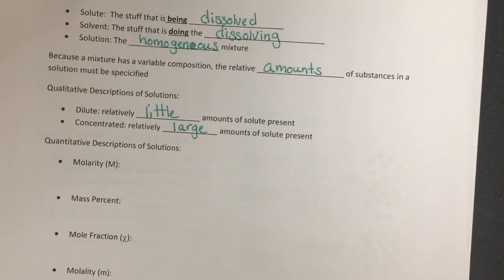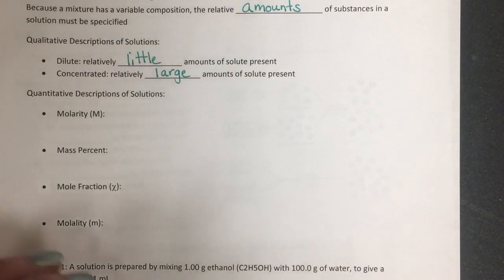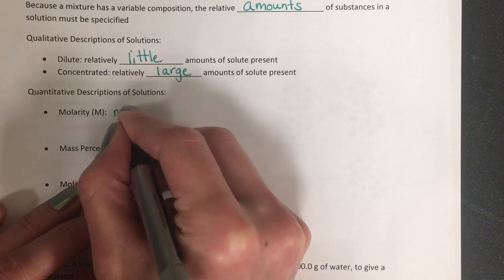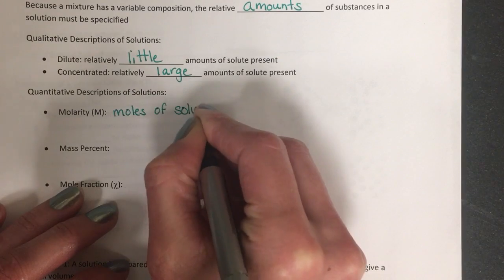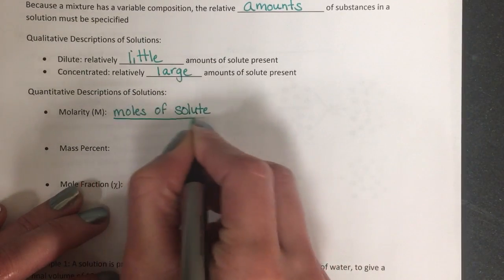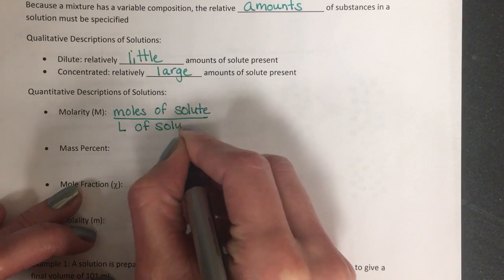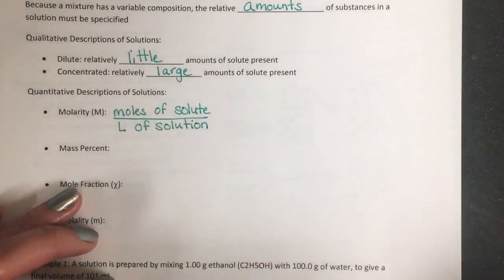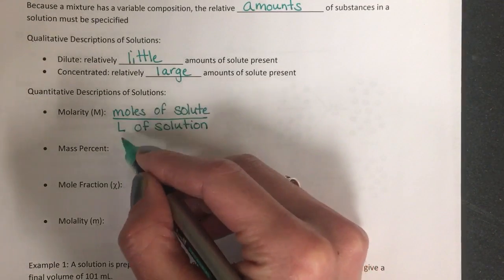Now the one that we will be using the most is molarity. If I use the term molarity, molarity is moles of solute per liter of solution. When we talk about molarity, usually we don't write moles per liter.